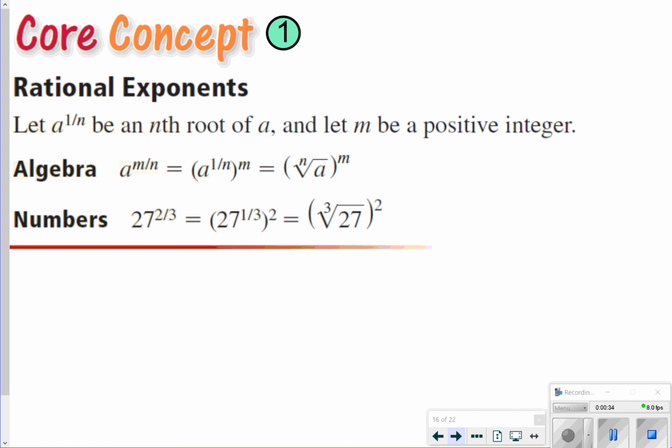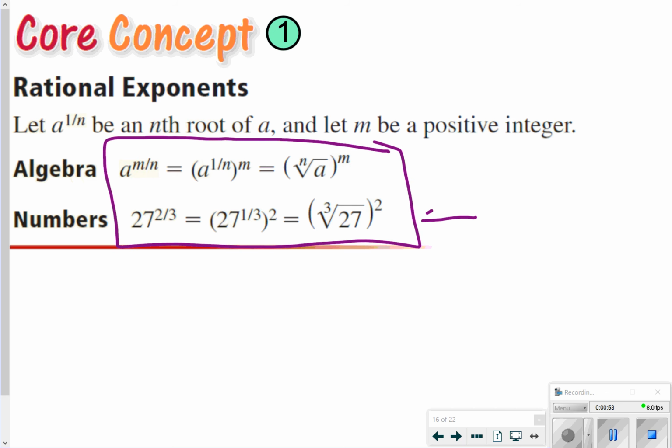The first thing we're going to write down is how to write rational exponents and how those go back and forth between radicals. If you have a to the first over n, that would be the nth root of a, and n would have to be a positive integer. If you see these examples right here, I just wrote this one up there on the board for you.